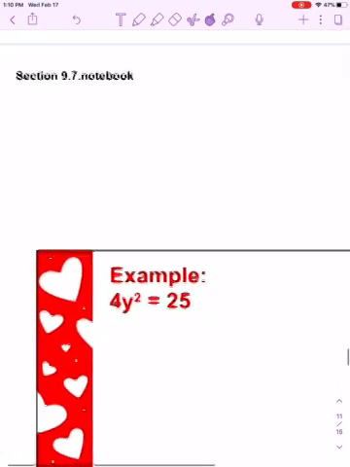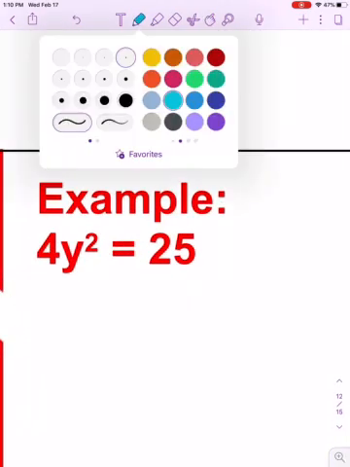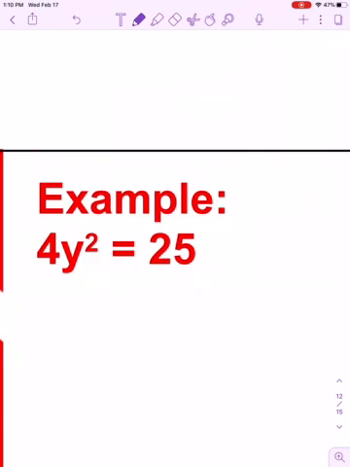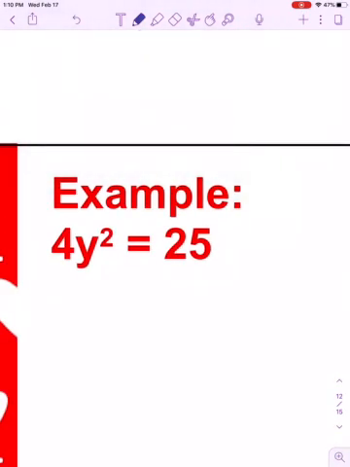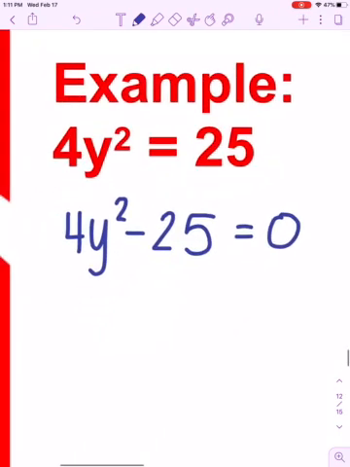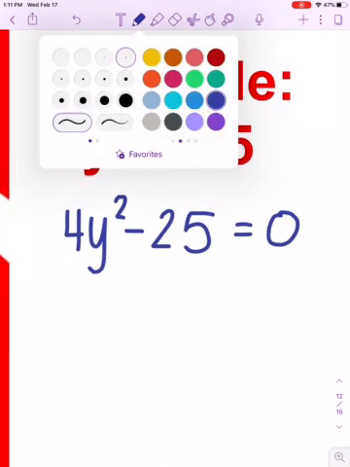All right, we'll do this one. You can skip that other one. There's an equal sign, so before we do anything, it has to be set equal to 0, okay? And so we want my square term to be positive, which it is. So I have to subtract the 25 over. So 4y squared minus 25 equals 0.